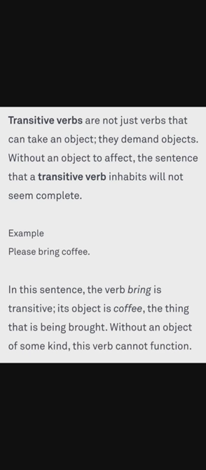In Hindi, both are sentences: Ram khelta hai, Ram football khelta hai. So play is acting as both a transitive and an intransitive kind of verb. But now when you look at the example over here, please bring coffee, if I remove coffee from here, please bring, please lao, I think it's meaningless. It will turn out to be a phrase, not even a clause. So it is purely a transitive verb.